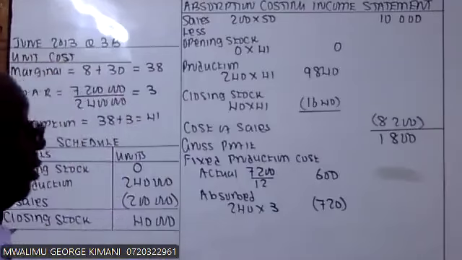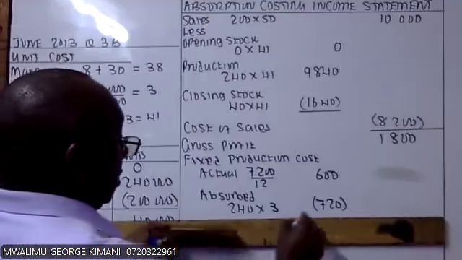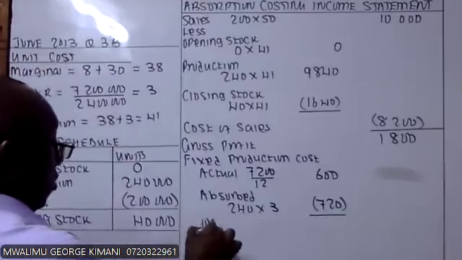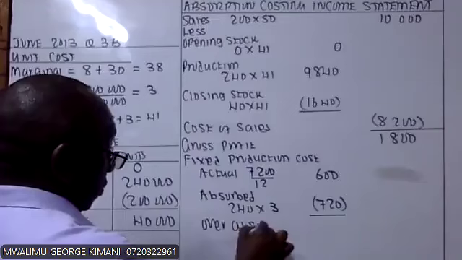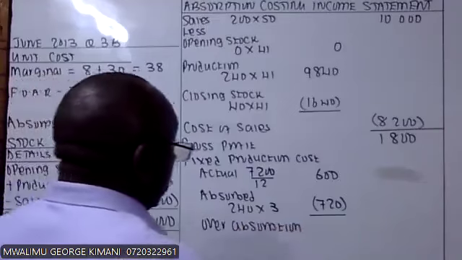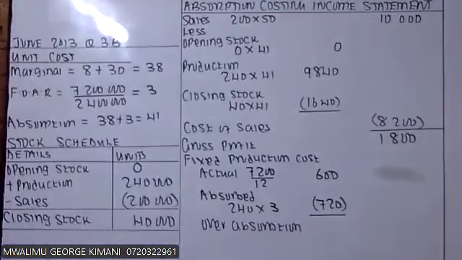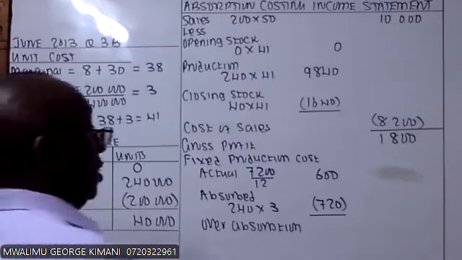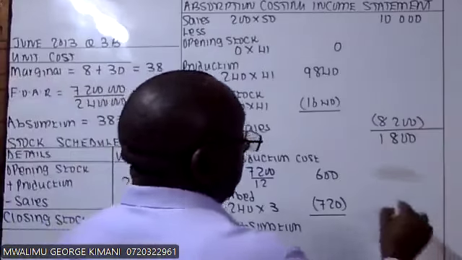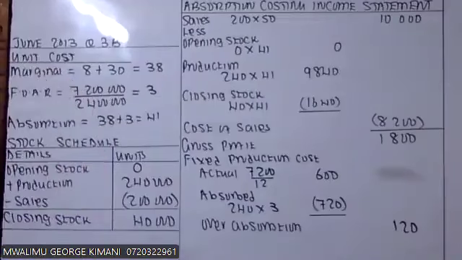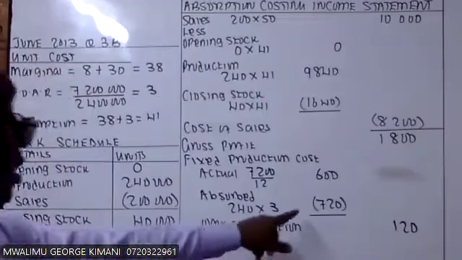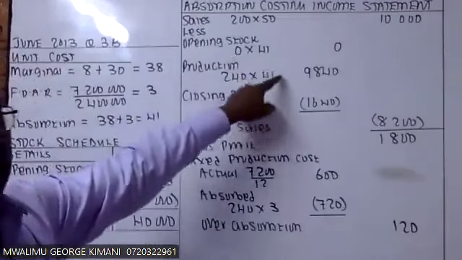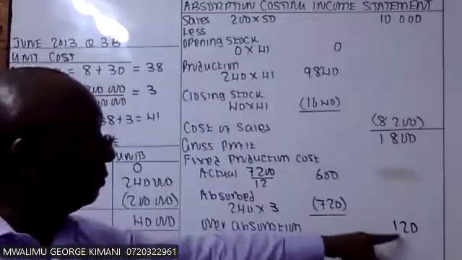Now, this is a case of over-absorption. Over-absorption is a gain, and therefore we need to add it. The difference of 120 needs to be added here, because this 720 is here and we have charged more, so we return it.